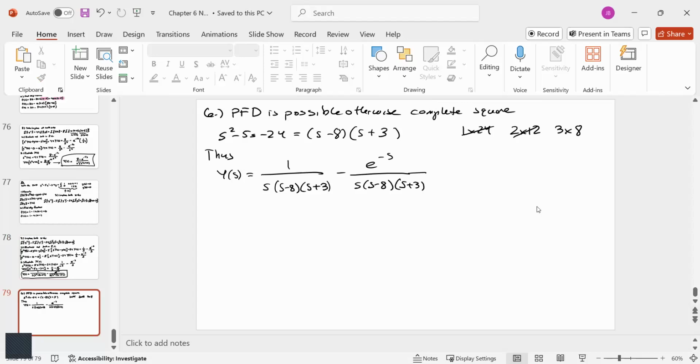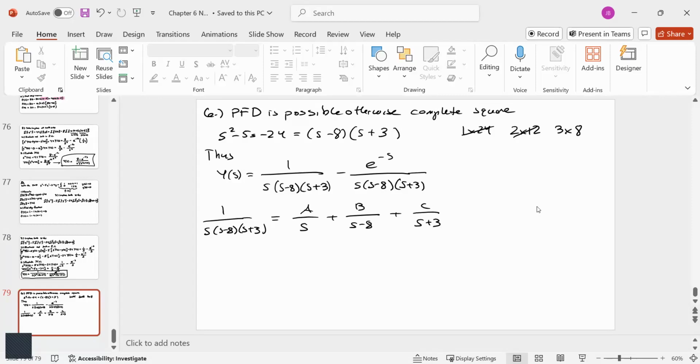So you don't have to do it individually. You're really just doing it as an entire one. So then 1 over s times (s minus 8)(s plus 3) is equal to A over s plus B over s minus 8 plus C over s plus 3.